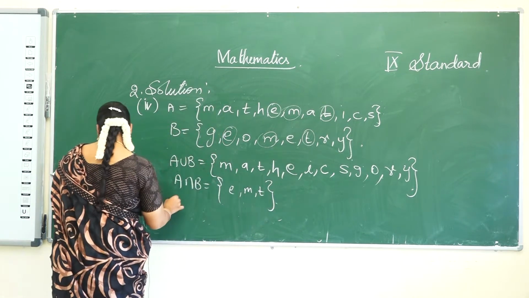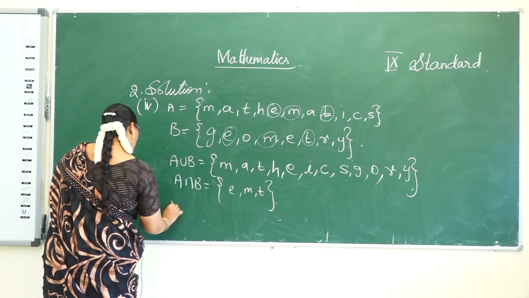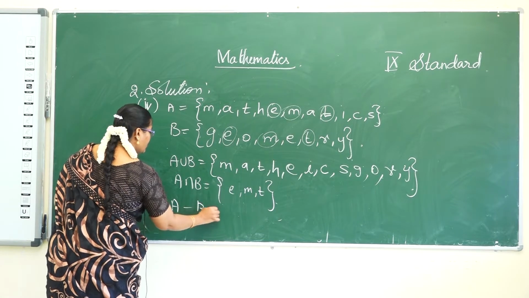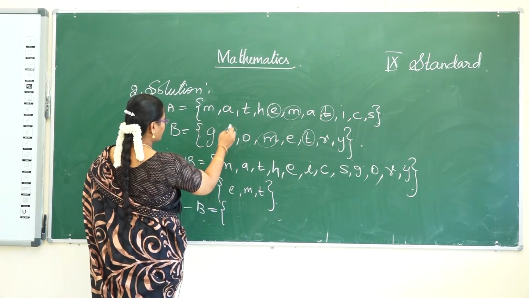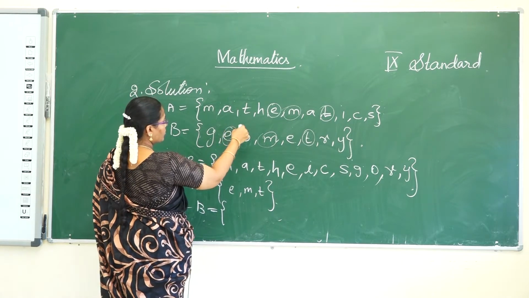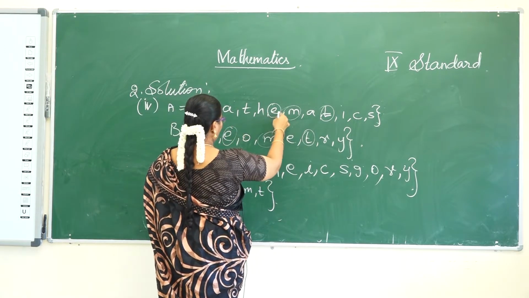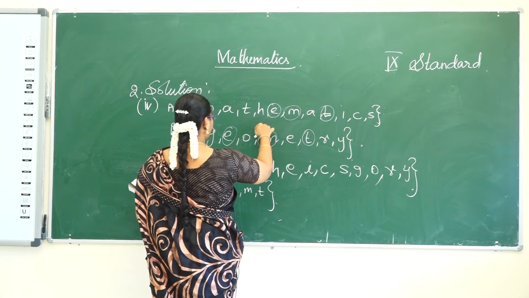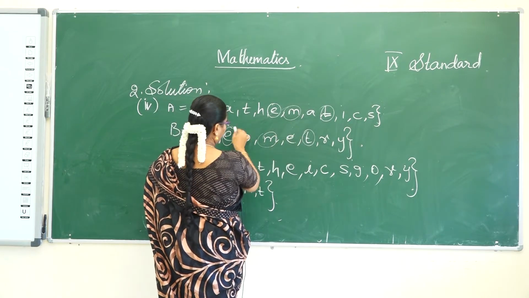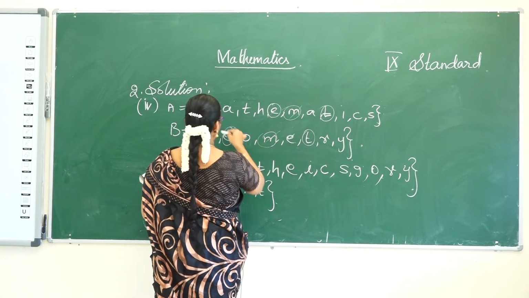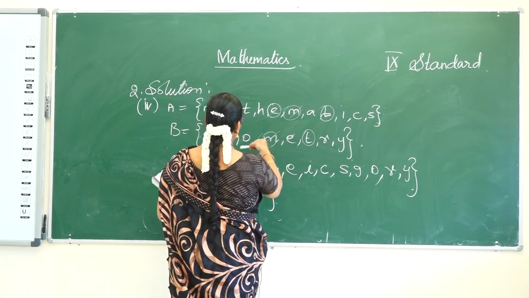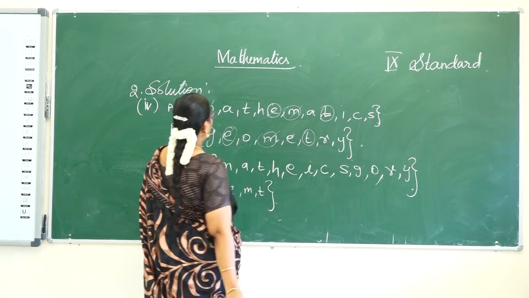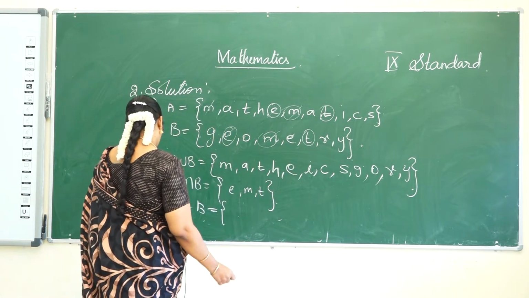Okay. And then third one, A difference B. What are the elements in sets A and B? Difference. So common elements will be cancelled. Okay. E cancelled, and M, and then any others? It's not there. So what are the remaining?